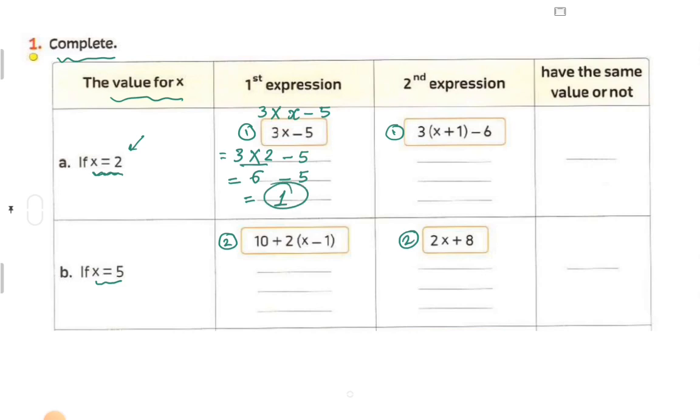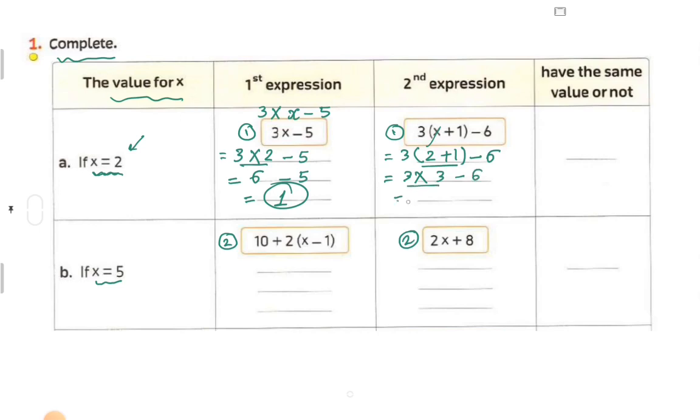Okay, next expression, 3 by parentheses x plus 1 minus 6, remove x and put 2, so it's equal 3 by 2 plus 1, okay, minus 6. Start with parentheses. 3 by parentheses result 2 plus 1 equal 3 minus 6.